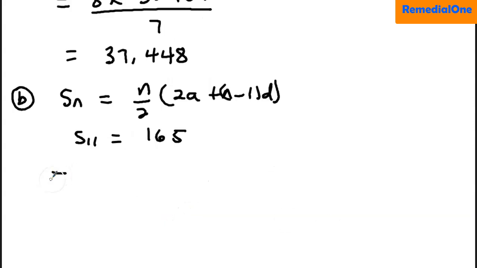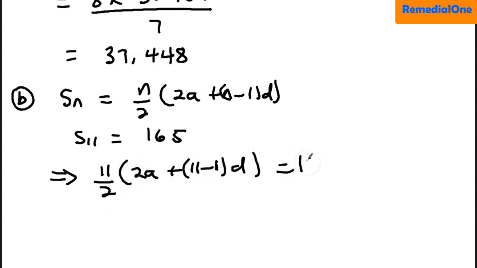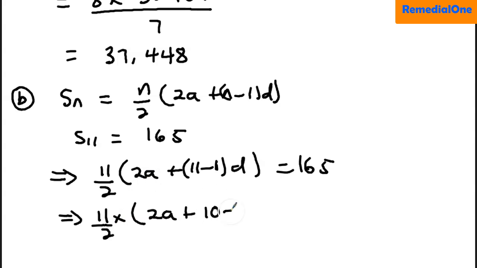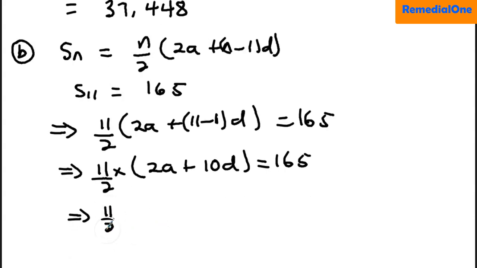If that is the case, this implies that 11 over 2 times (2A plus (11 minus 1)D) is equal to 165. So we have 11 over 2 times (2A plus 10D) is equal to 165. Let's factorize 2 out. Then 11 over 2 times 2 out, (A plus 5D) equals 165.